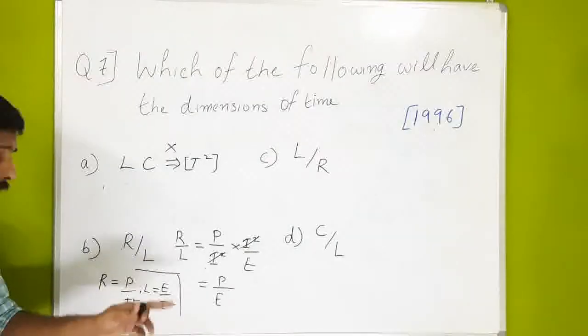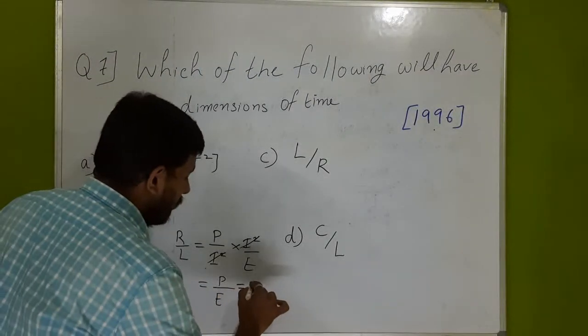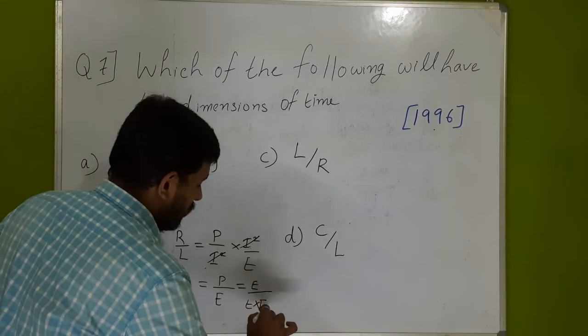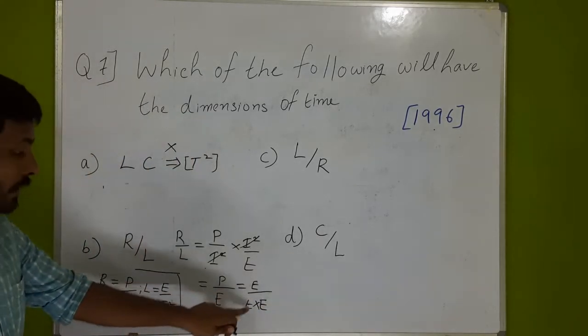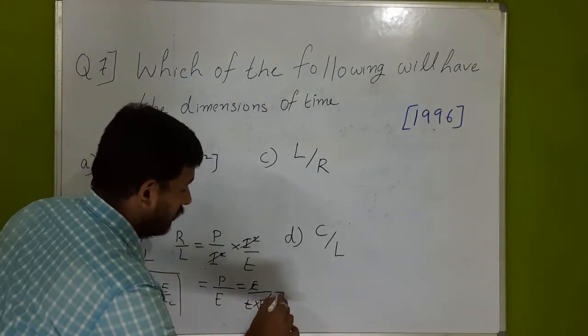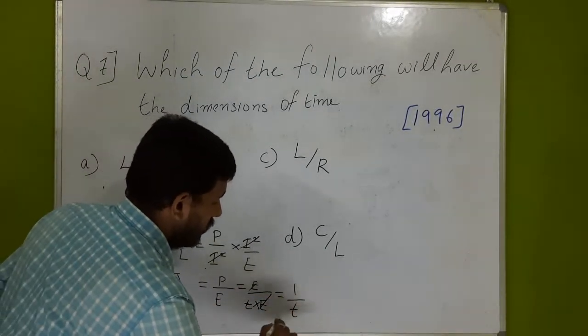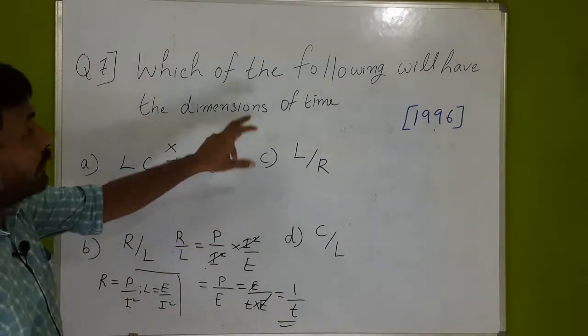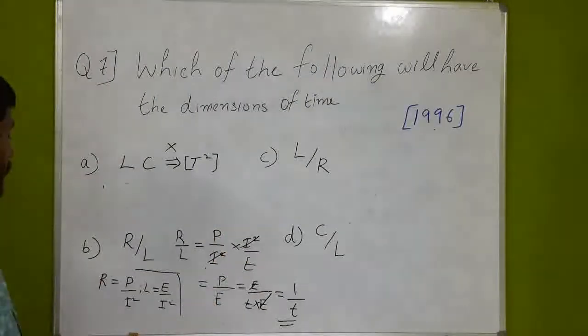And what is power? Power is again energy divided by time. Therefore energy divided by time into energy, this energy and energy cancels, and we will get 1 by T as the answer. But we need not 1 by T, we need the dimension of time. So this will not be the answer.